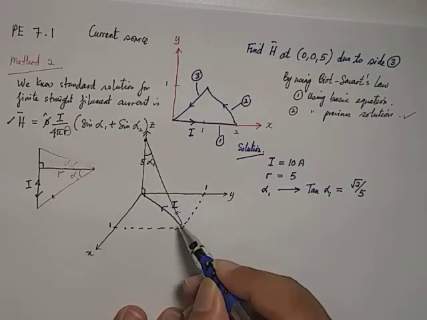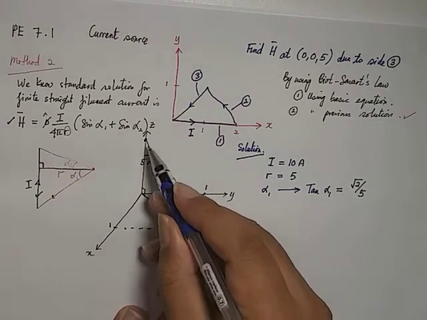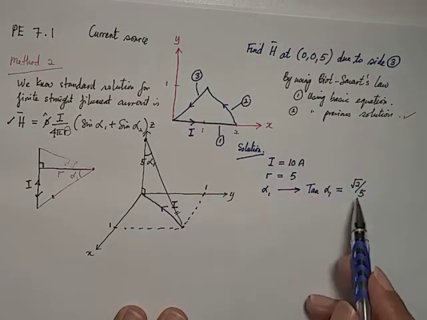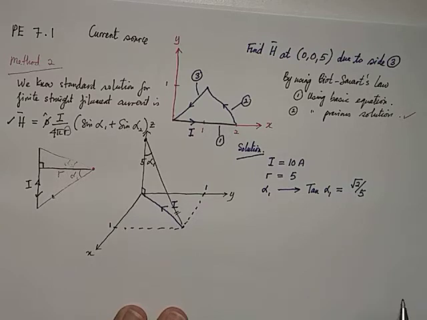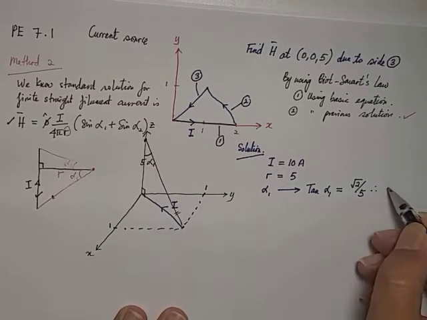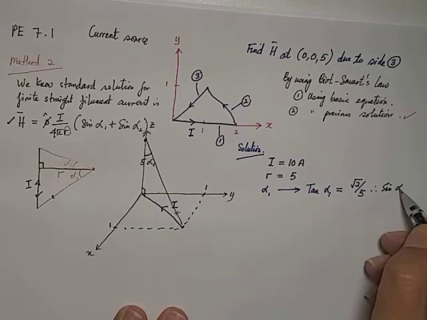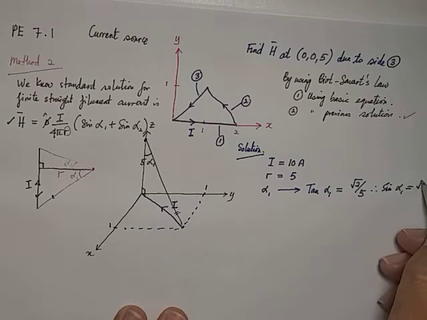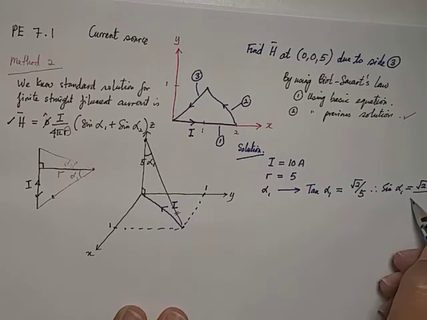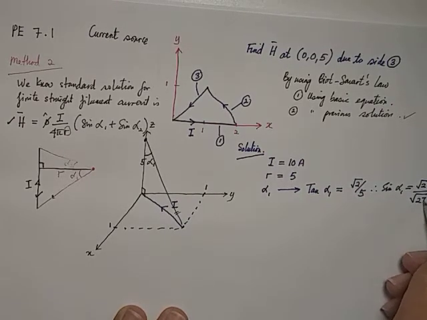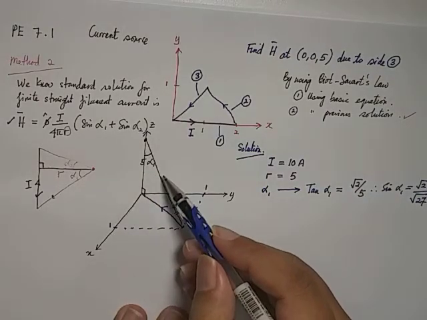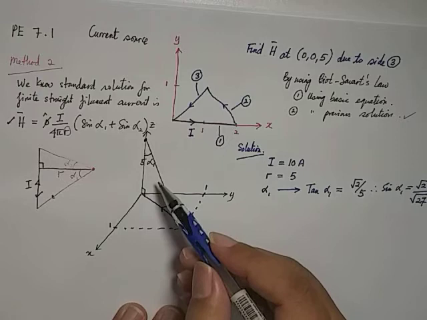So the distance here should be square root 2, and the distance here we know is 5 due to the problem. Therefore, the tangent should be square root 2 over 5. Or we can say sine alpha 1 should be equal to square root of 2 divided by square root of 27, because 25 plus 2 should be 27. So that should be sine alpha 1.